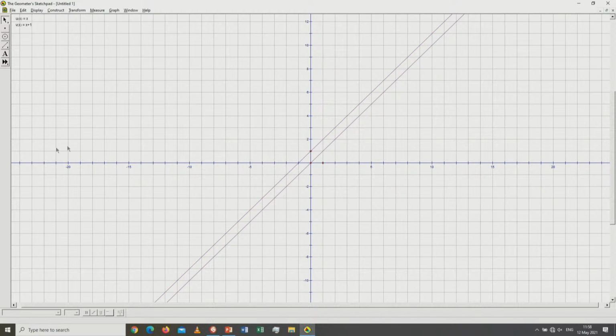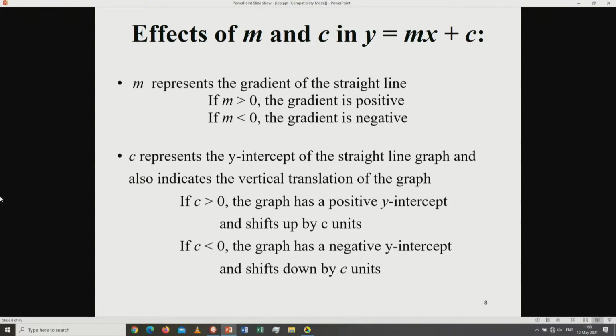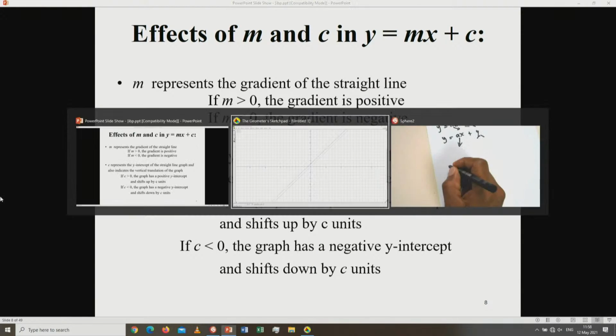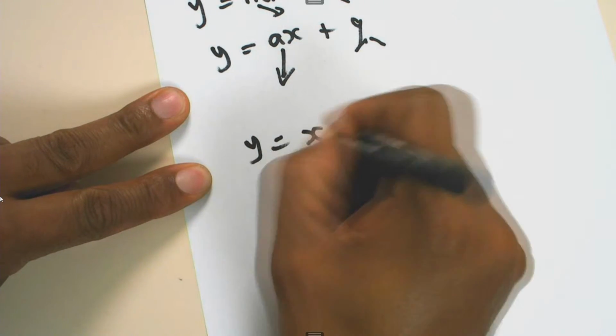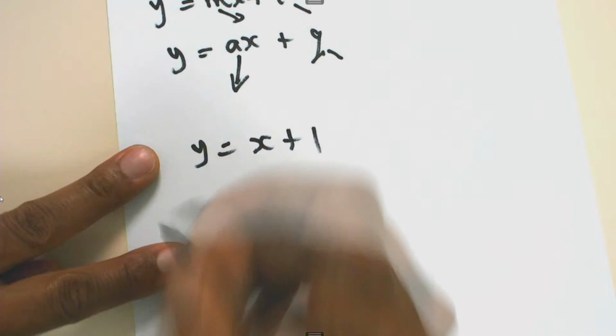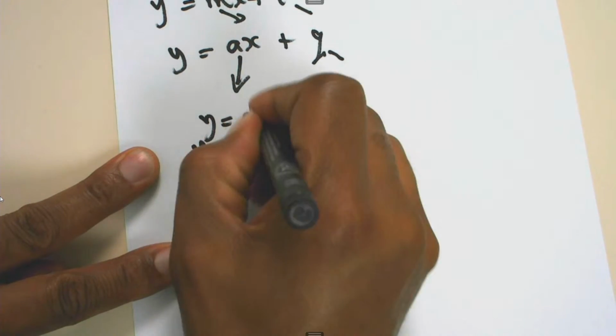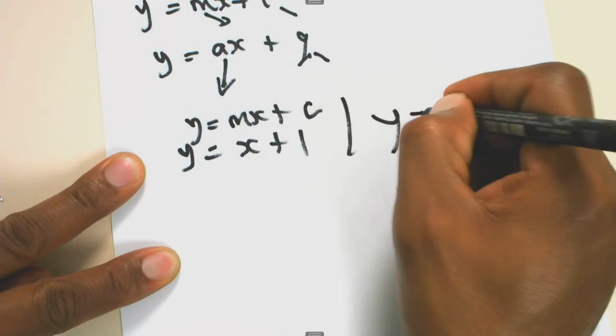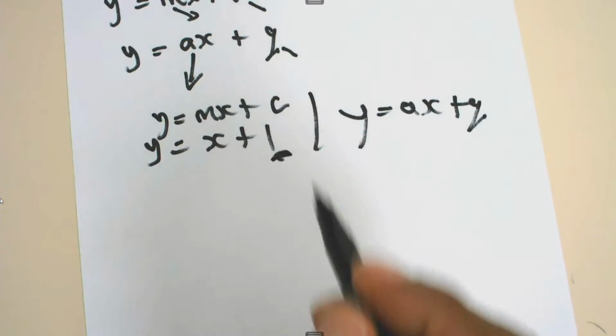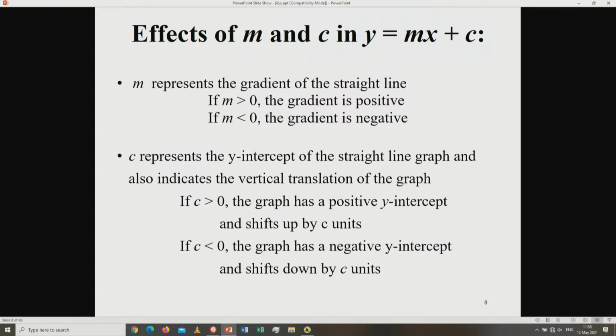And what is this one? That will be the c. If we were talking about the graph that we just sketched, y equals x plus 1, which is the same as y equals mx plus c, or y equals ax plus q. Now the c, as stated here, represents the y-intercept of the straight line.